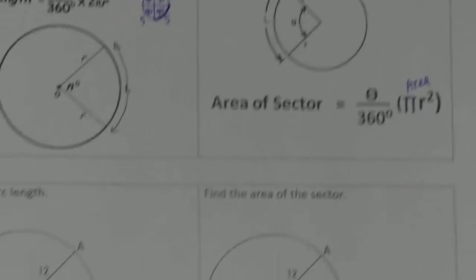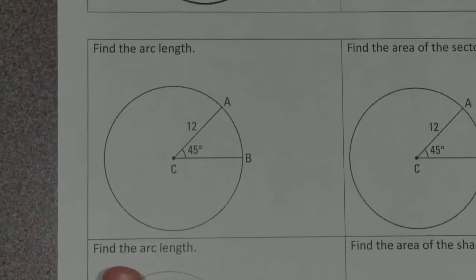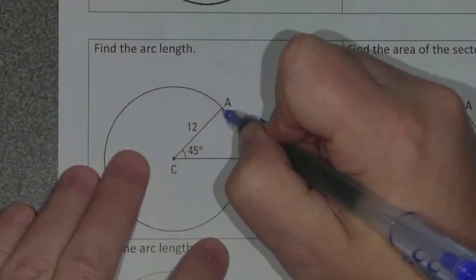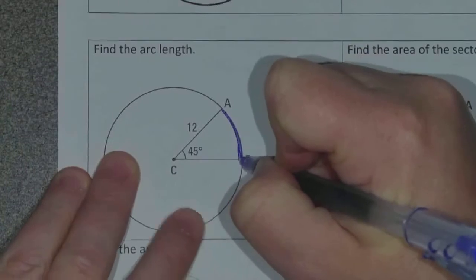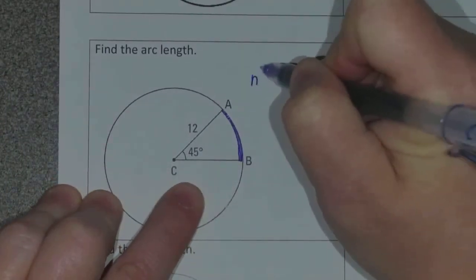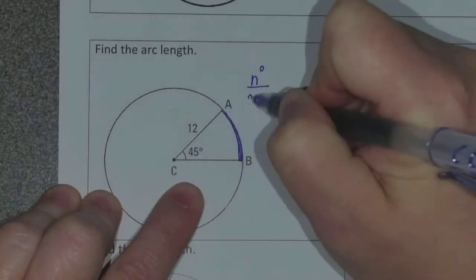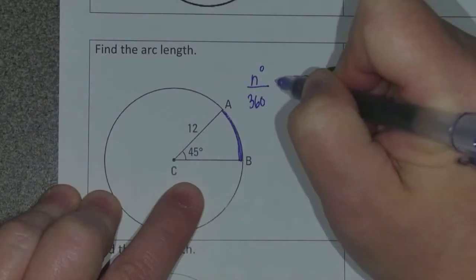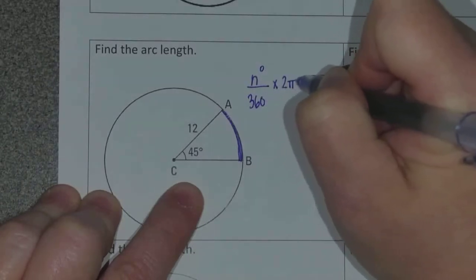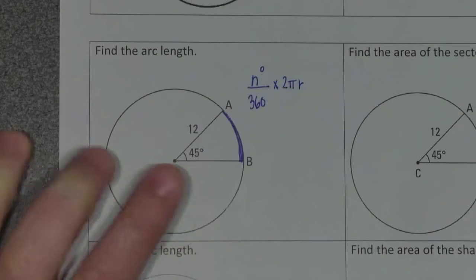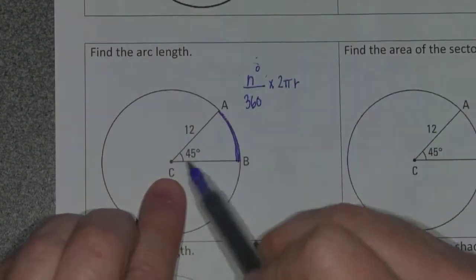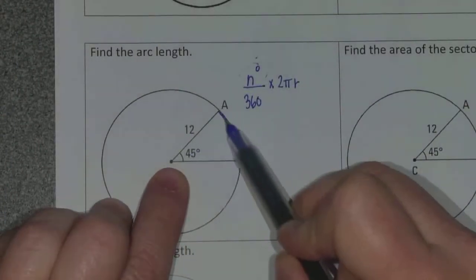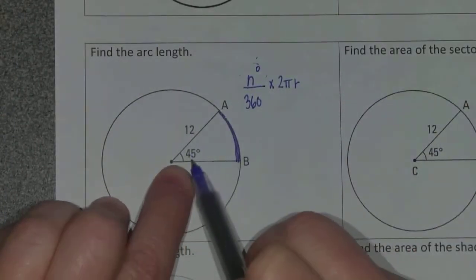Okay, so here we go. This one says find the arc length. So we're going to figure out how far it is from here to here, the arc length. The arc length formula says to do the degree of the angle over 360 and then times it by 2 pi r. So it's really just a matter of plugging our numbers into this formula. Do I know the degree of my piece of my pi that I'm looking for?